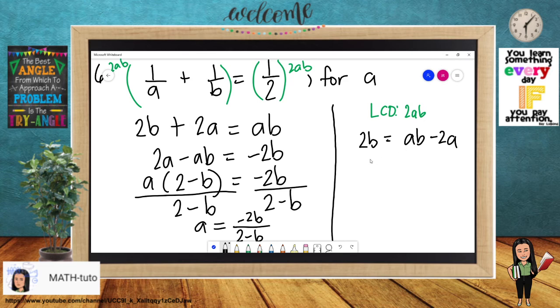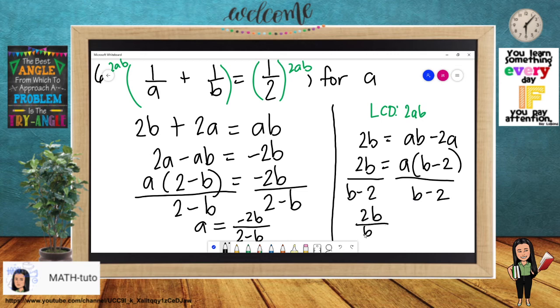So this is 2B equal to AB minus 2A. We will still factor out A on this side. So this is A times B minus 2. We will still divide both sides by B minus 2. So, 2B over B minus 2 is equal to A.